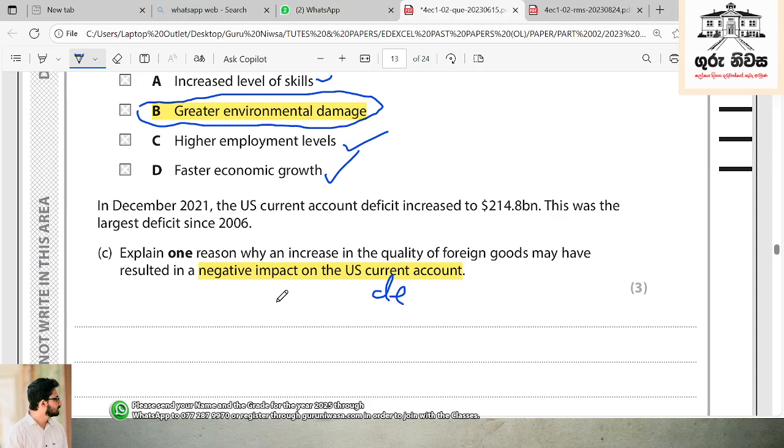Sir, you say again when the value of... Puta, can you speak a bit louder? Yes. In the beginning, the first point, the current account deficit is when the value of imports is greater than the value of exports.